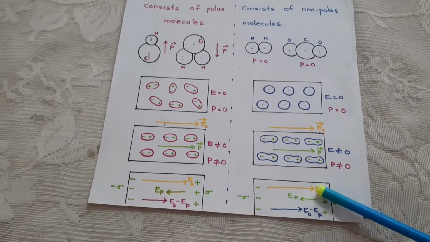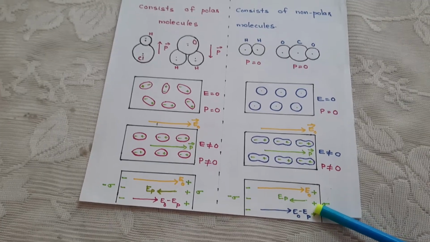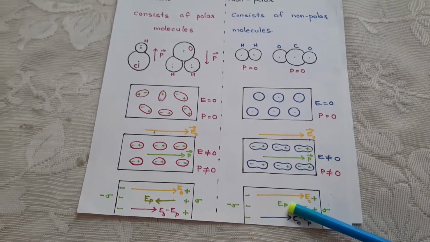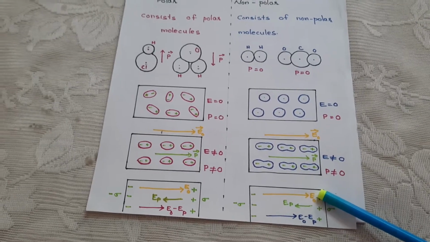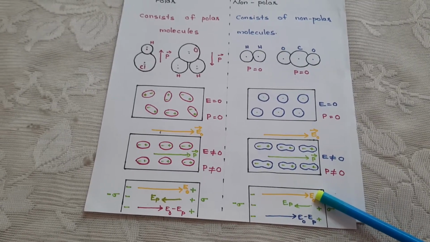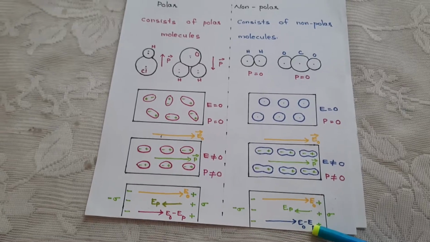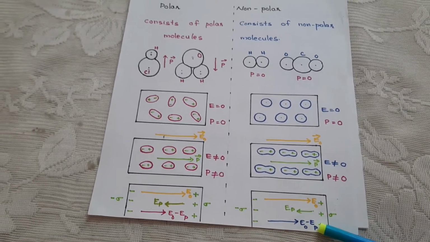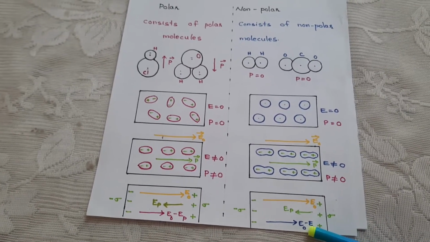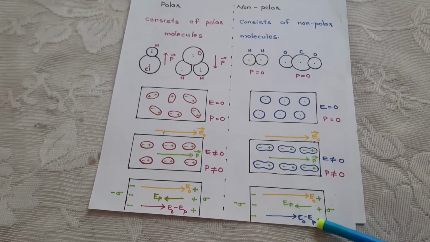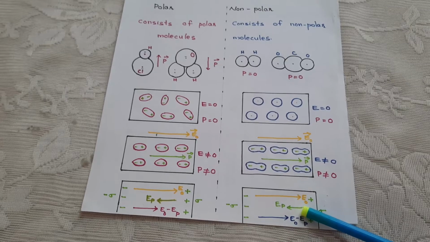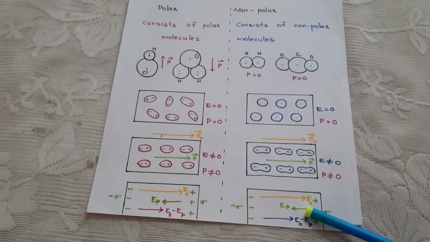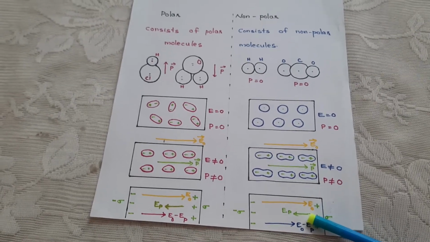Due to the surface charge density, an electric field is produced which opposes the external electric field. So the net electric field in the dielectric is reduced. It is E0 minus EP. E0 is the external field and EP is the electric field produced due to polarization.